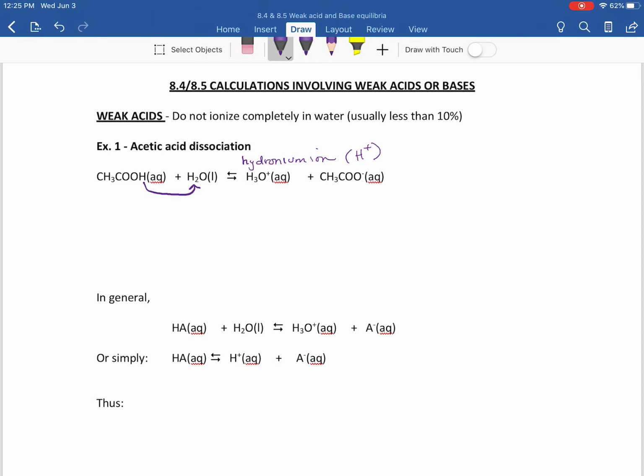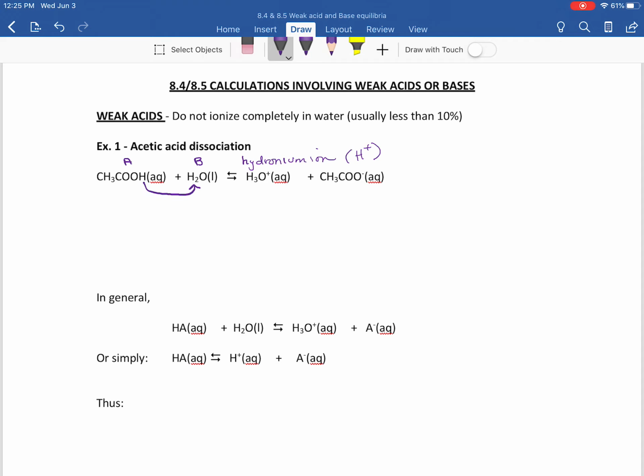So in this situation, we consider our acid as a proton donor, and in this case, water will be the proton acceptor.